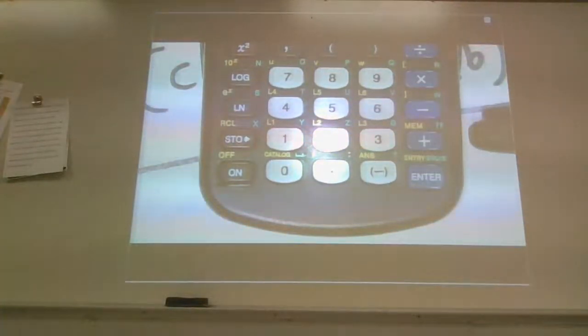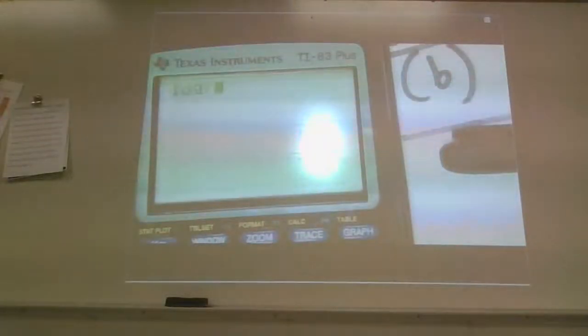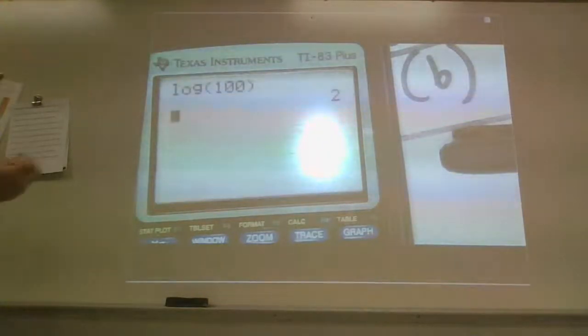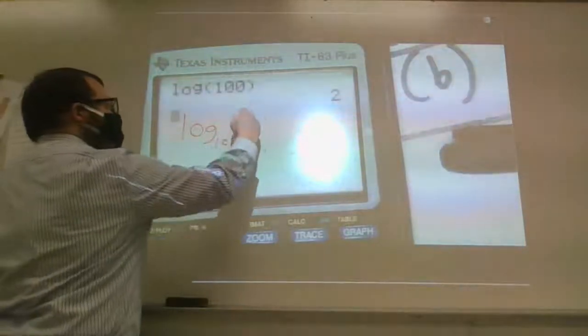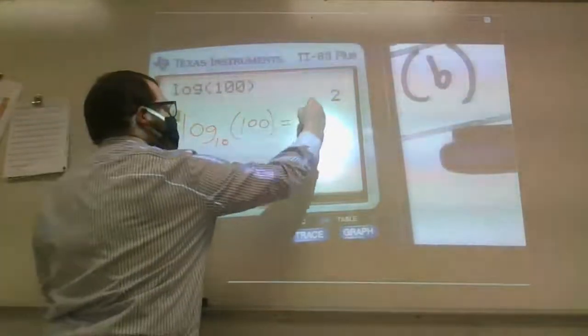Check this out. If I did log of 100, I get 2. Do you know why? Log base 10 of 100 is equal to 2.